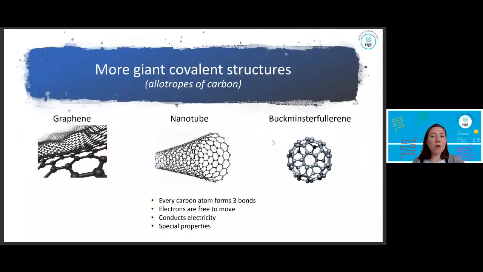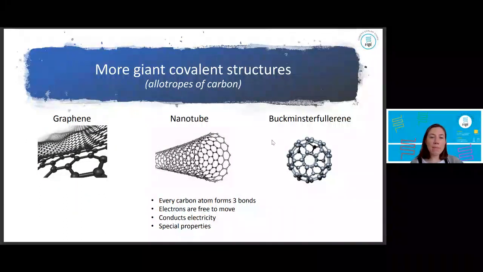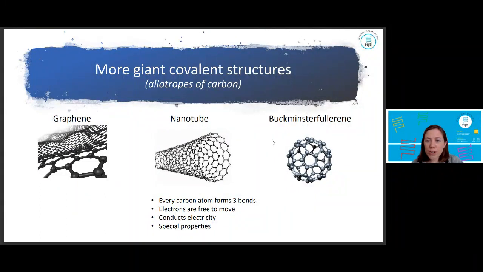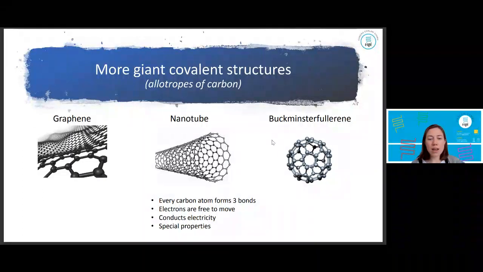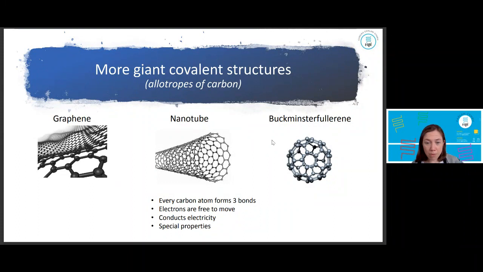Okay, more giant covalent structures. Here we've got graphene, we've got nanotubes, and we've got Buckminster fullerene. Also made up of only carbon atoms. To make it easier, in these 3, each carbon forms only 3 bonds, just like in graphite. So you've probably guessed it already.